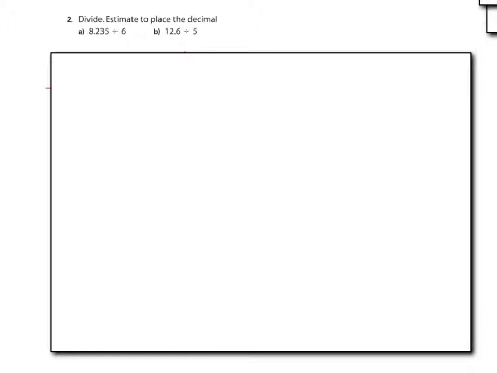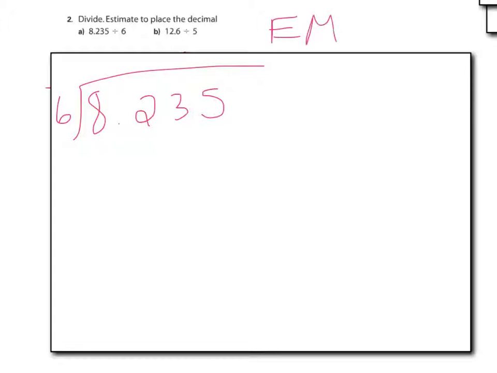All right, let's take a look. So we have 8.235 divided by 6. And I'm going to try short division for this one. So how many groups of 6 are going to go into 8? And again, I still use my estimate, multiply, subtract, bring down for this. One group of 6 will go into 8.